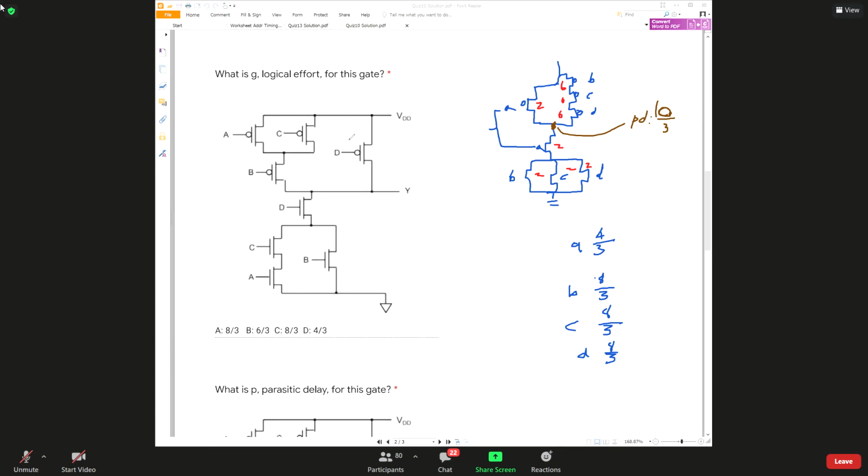Logical effort has to do with the size of your hand, or how difficult it is to push the guy next to you. Parasitic delay is kind of equivalent to the weight of the person. If it's a strong, tall person in front of you, and you're really skinny and short, it's going to be very difficult to move the next person, right? The weight of these gates matters, and that's the parasitic delay. Okay.